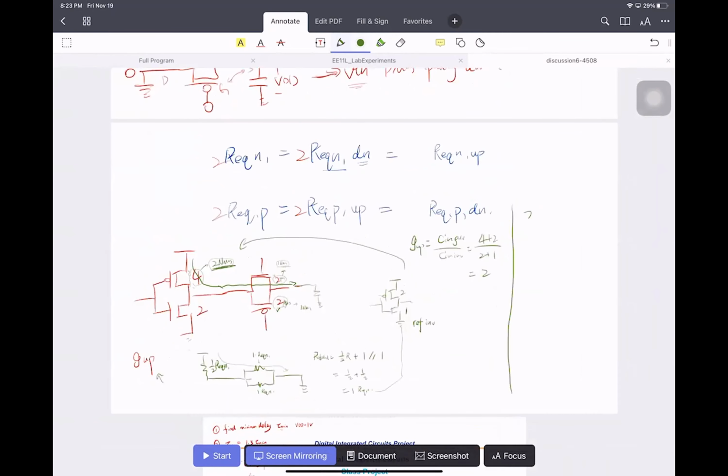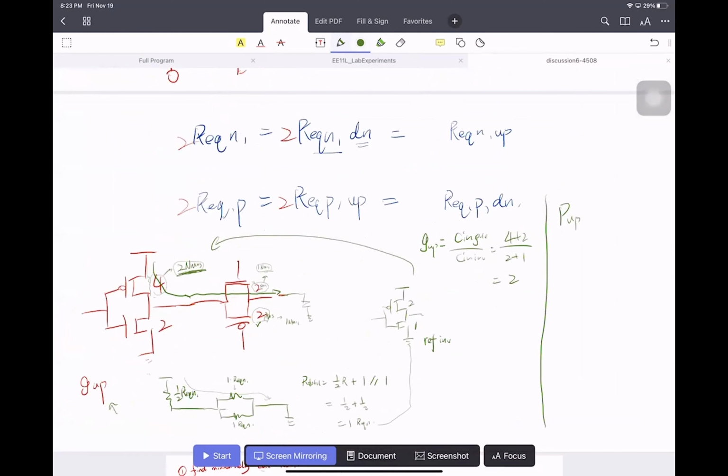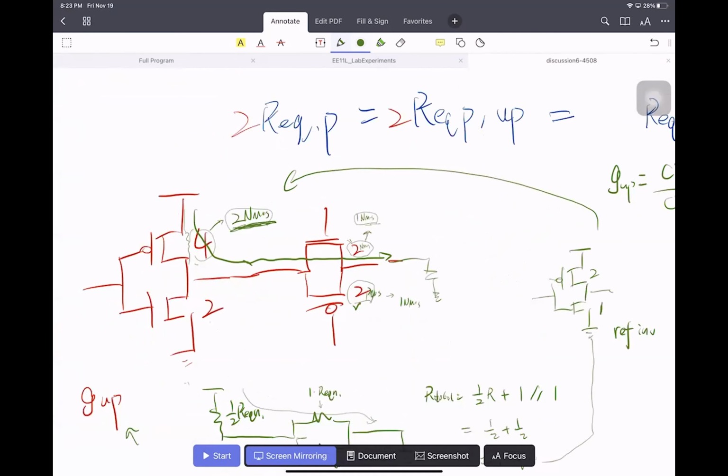And the next part is about the parasitic delay. So parasitic delay is about the contribution of the parasitic capacitance to the total delay. So in this case, you have 2 parts of the parasitic delay. It's not 1 part, because we have a compound gate.